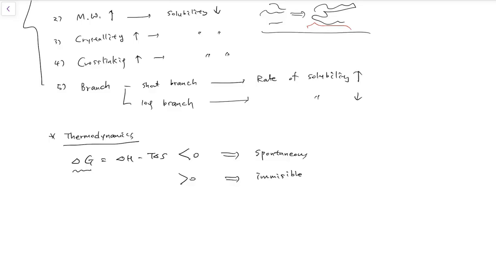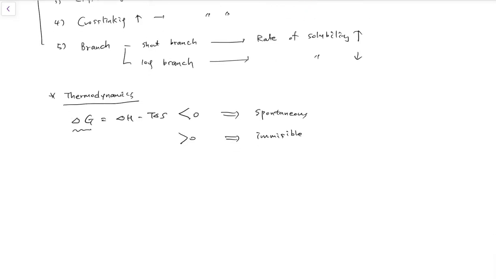So there are several models which try to describe the polymer solubility, or the dissolution of polymers inside a solvent. One model is called the lattice solubility model.